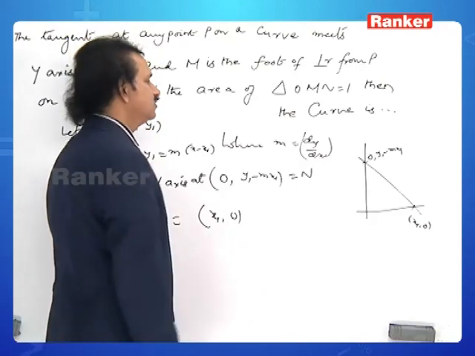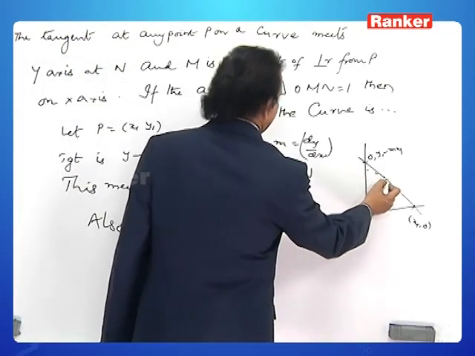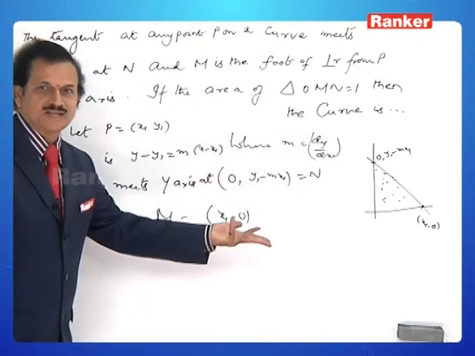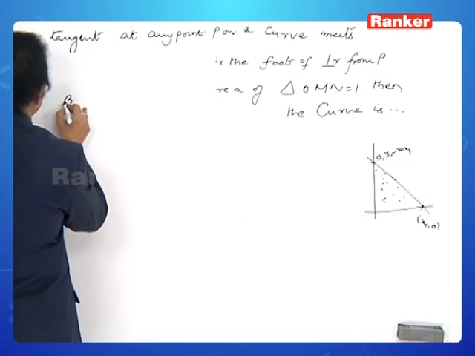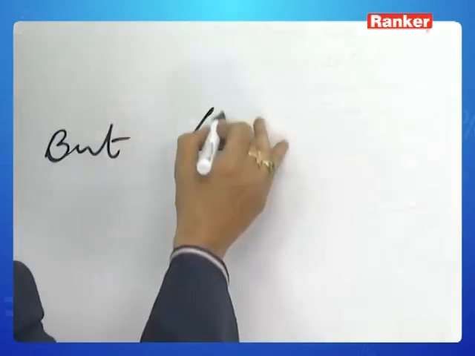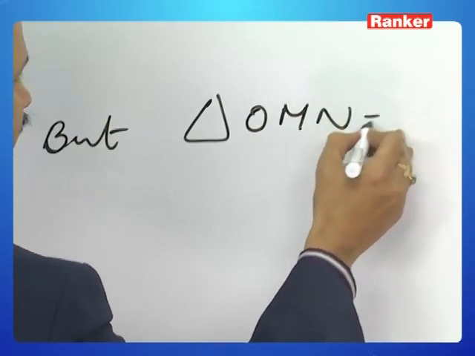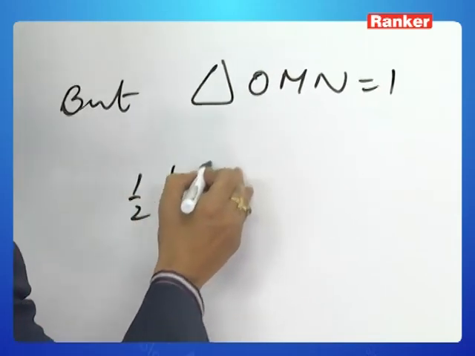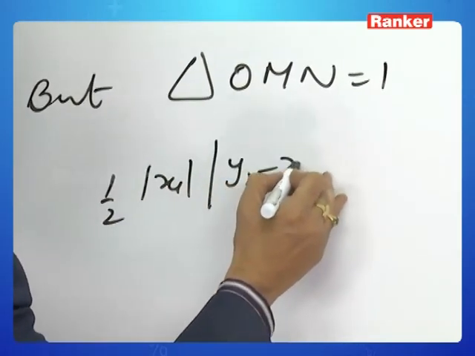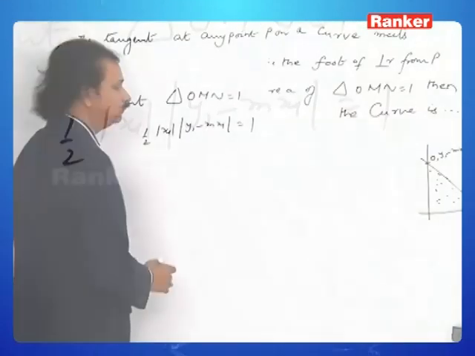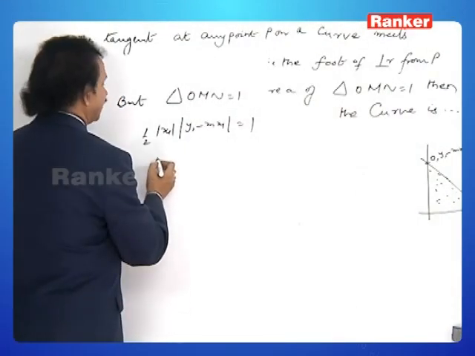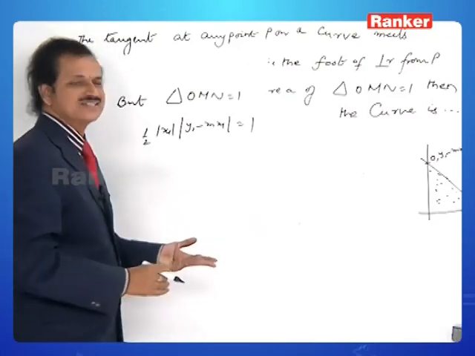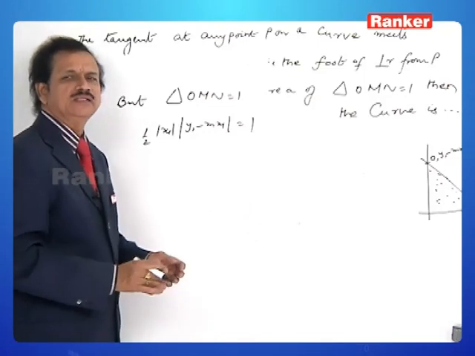He has given that this area is 1. We are to make use of that concept. Area of the triangle OMN is 1. What is the area? Half into base into height: half x1 into (y1 minus m x1) is 1. Now I would like to use general coordinates, instead of x1, y1, I like to use x, y.